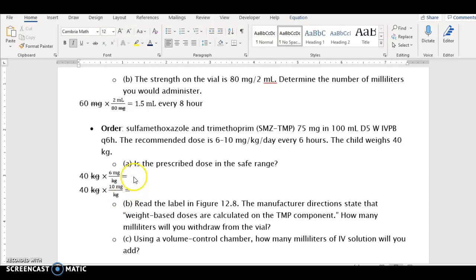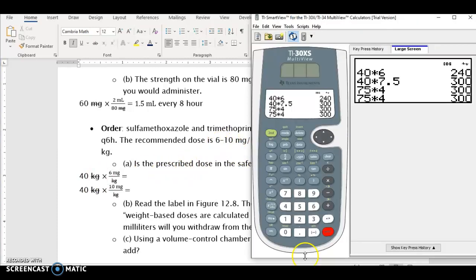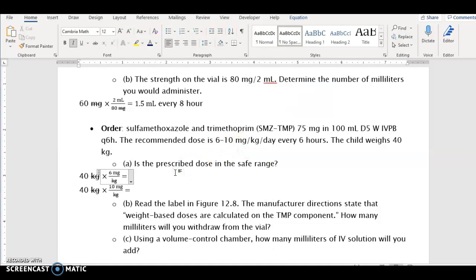Okay, so I went ahead and set it up off camera, but basically we multiply the patient's weight by the low end of the dose range here, so 6 milligrams per kilogram. Okay, and a quick calculation will show you that 40 times 6 is 240. So 240 milligrams is the minimum daily dose.